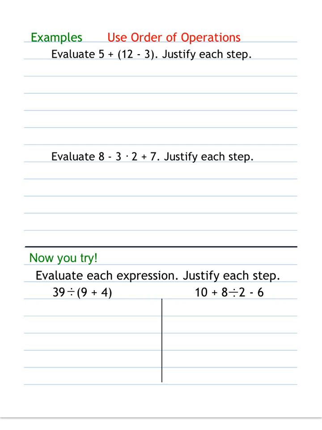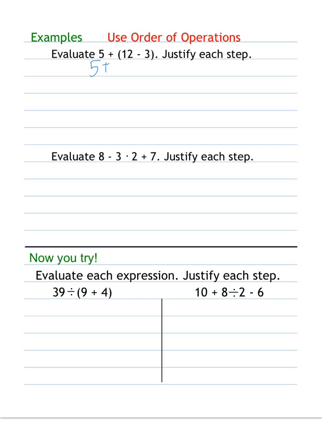So we are using the order of operations to evaluate this expression: 5 plus, in parentheses, 12 minus 3. And it says justify each step, so that's following those order of operations. PEMDAS says that we start with the P for parentheses. So we do everything inside the parentheses. I'm going to copy down my 5.